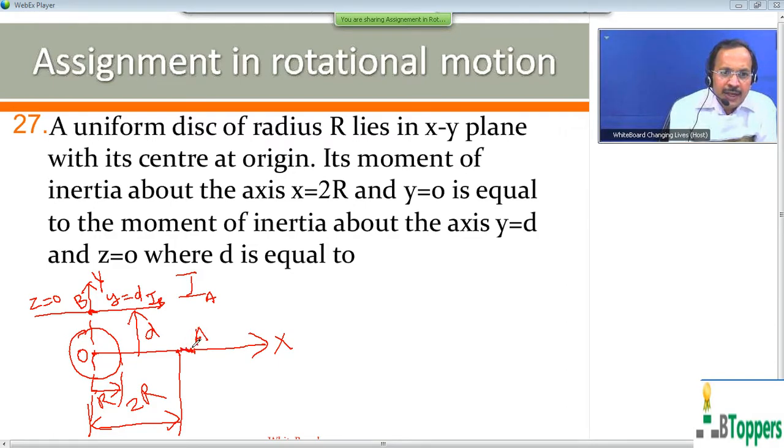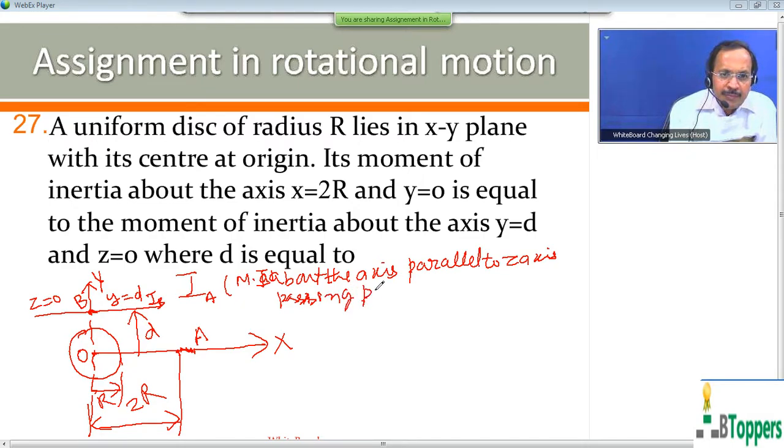Now the moment of inertia about the axis passing through the point A, that means IA, is the moment of inertia about the axis passing through the point A, parallel to the YZ plane.